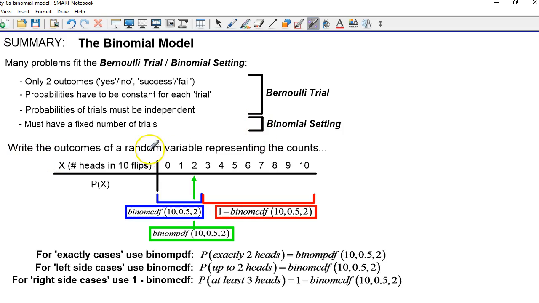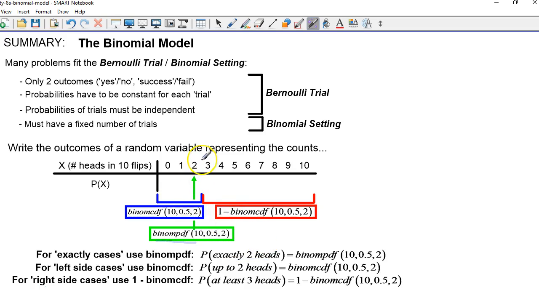That means you can write the outcomes of a random variable that lists all the possibilities from 0 up to the maximum number. If you want to figure out an exact case, like the probability of exactly 2 heads, then you'll use the binomial PDF function: the total number, probability of success, and then the value that you're looking for.